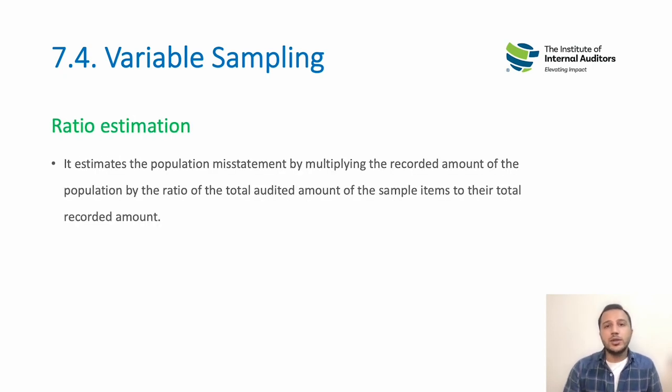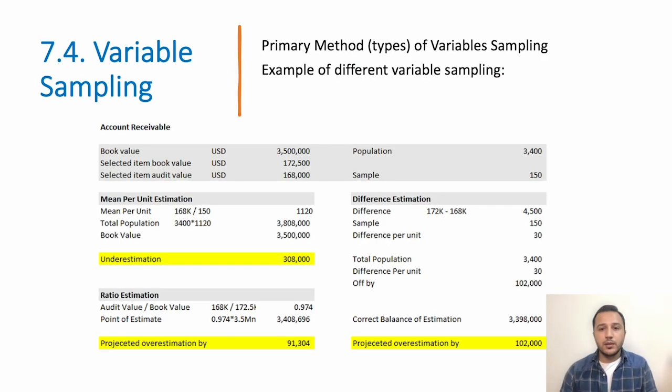The third approach in variable sampling is ratio estimation, in which we look at the percentage of error in a given sample, and then we project that percentage to the overall population.